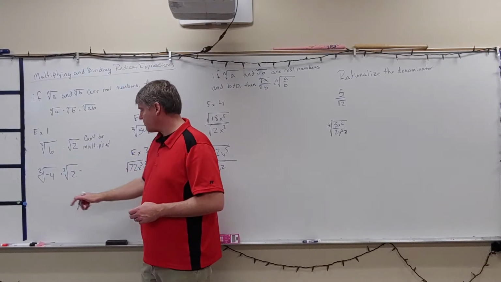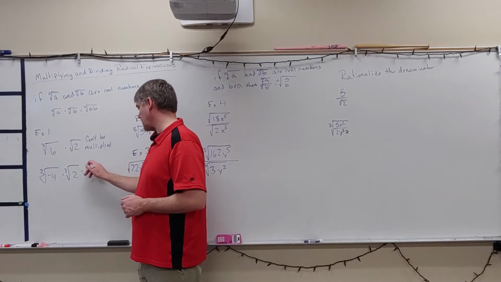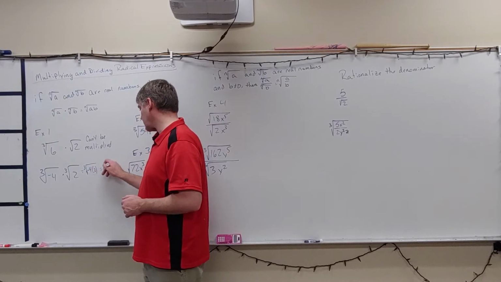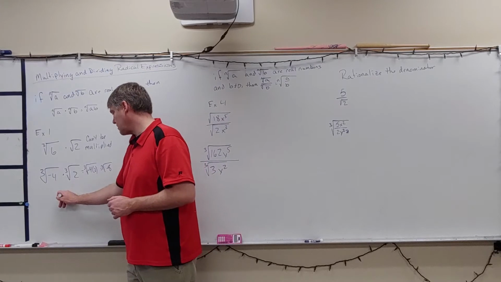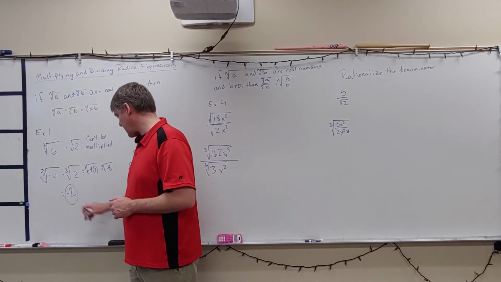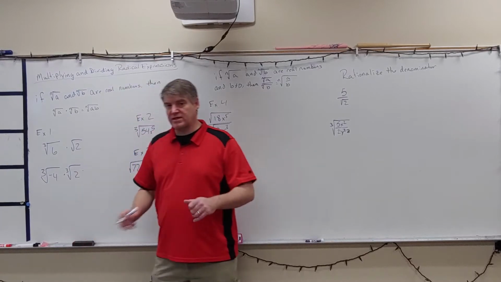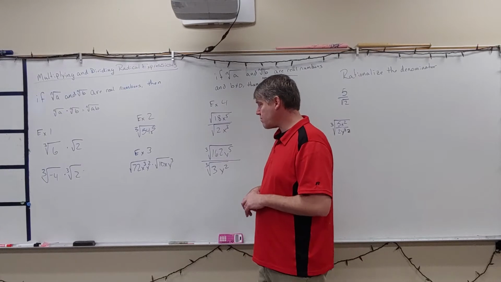Now the bottom one, I have the cube root of negative 4 times the cube root of 2, so I can go the cube root of negative 4 times 2, which is the cube root of negative 8. Well, what's the cube root of negative 8? Negative 2, so there's my answer. So understand that when you're multiplying these out, you can only multiply if they have the same index.